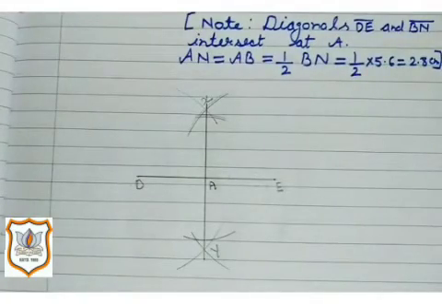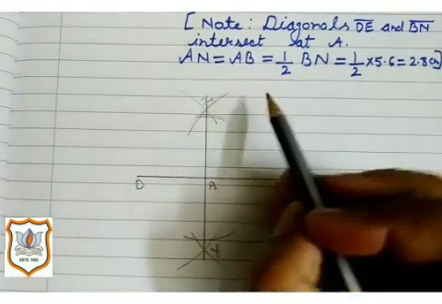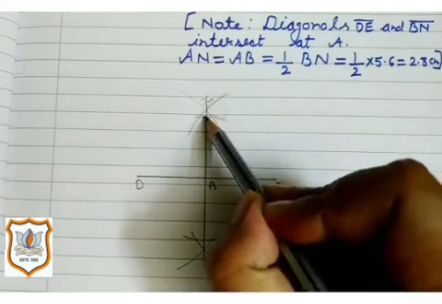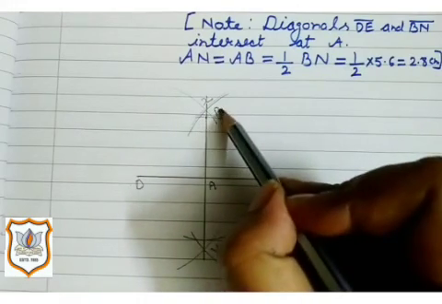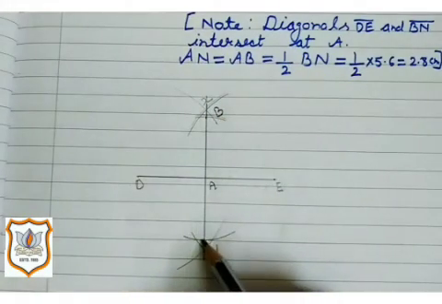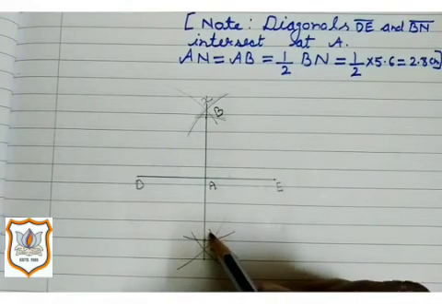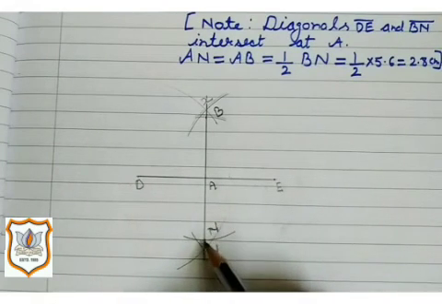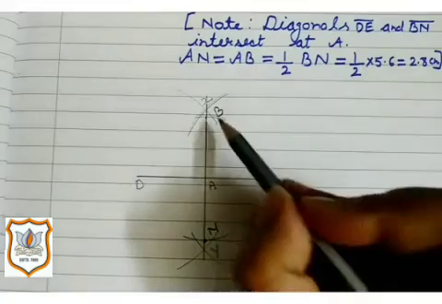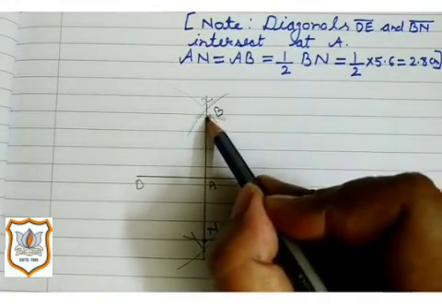Now we will give the name of this cut as B and this is N. Student, this is N and this is B.